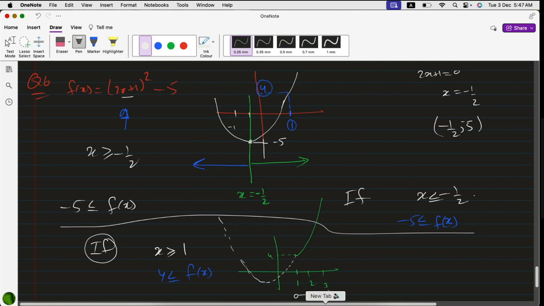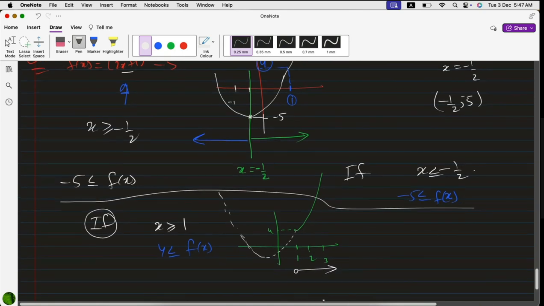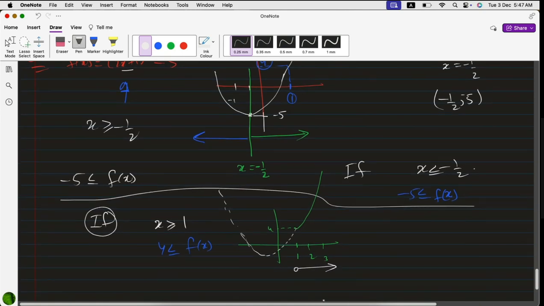So if it was x is smaller than 1, it would still be the same? In the same question, if it says x is less than or equal to 1, see, particularly x less than or equal to 1 is this red region now, and the lowest value is at minus 5.